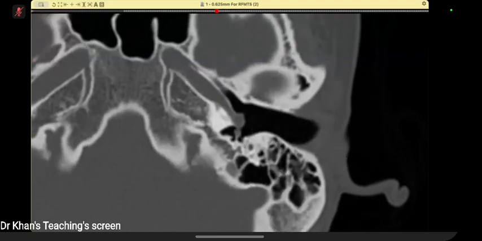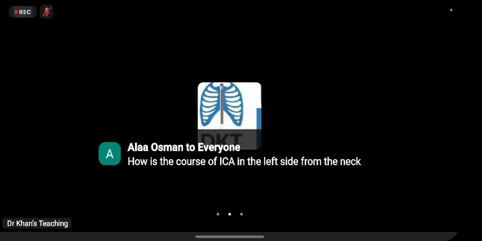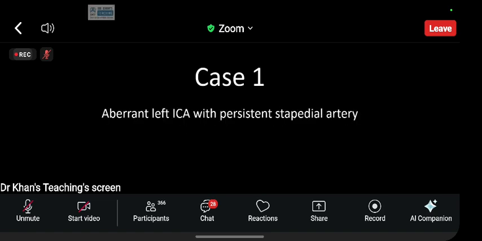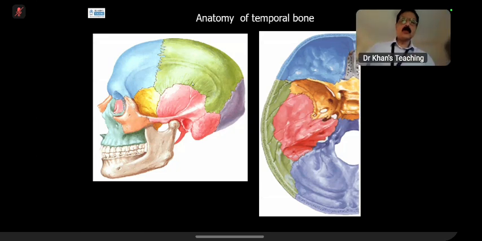Now, let's go back to a bit of teaching. There is going to be a bit of repetition from the last session, but you have to repeat it.